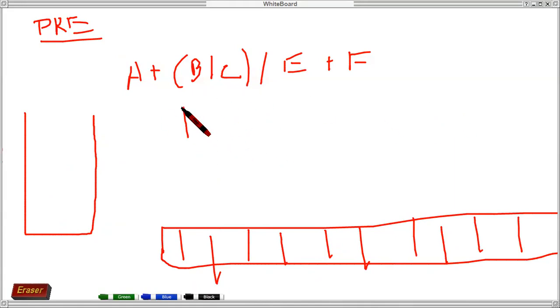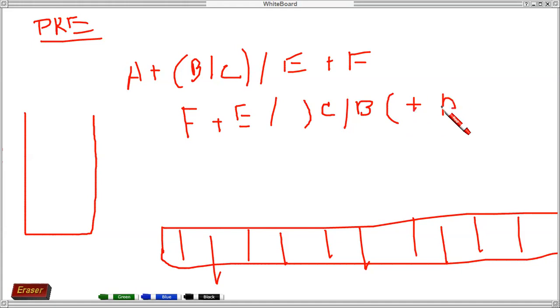So we have F, then plus, E, division, then closing bracket, then C, then division, B, then opening bracket, then plus, and then A.